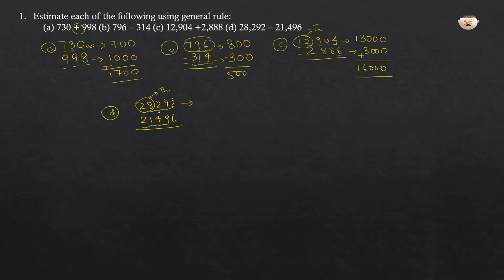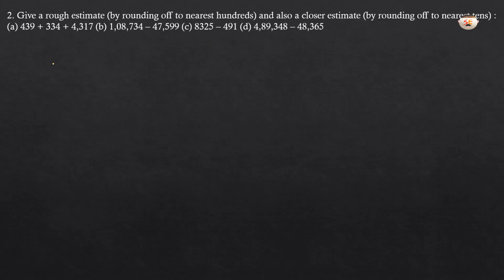Therefore we will estimate 28,292 correct up to the nearest 1000. After rounding this number, we will get 28,000. Again similarly we will round off 21,496 correct up to 1000, we will get 21,000. After rounding these two numbers correct up to the nearest 1000, we will subtract and get the final answer, that is 7,000. Now we will discuss question number 2.